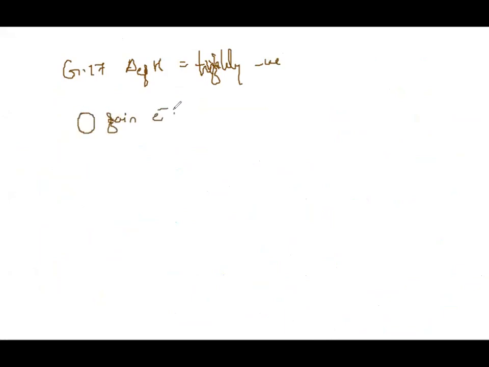If you look at group 17 elements, electron gain enthalpy is highly negative. That means the particular atom will gain an electron extremely easily, with release of a huge amount of energy.